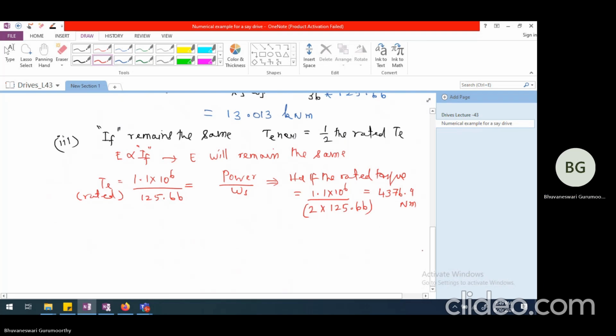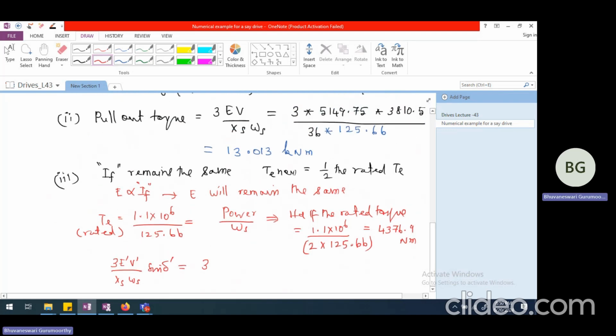So, because E will not change, we should be able to write this as 3 times V divided by X S omega S sine delta dash will be equal to 3 times E, which we already calculated, 5149.75.